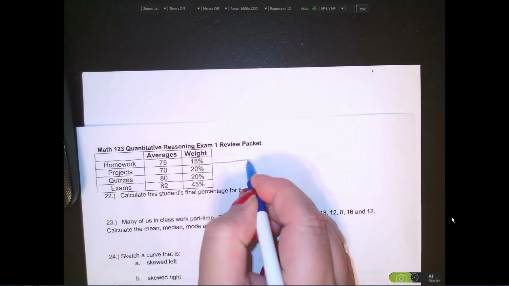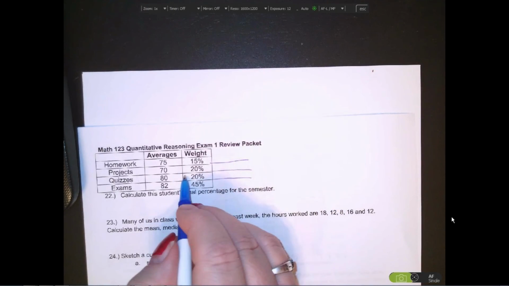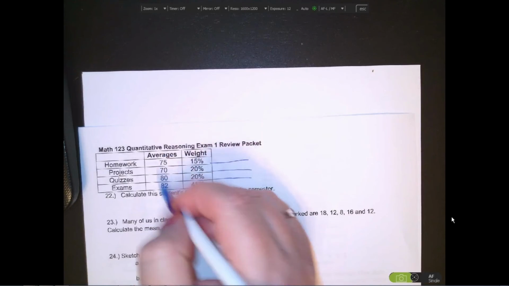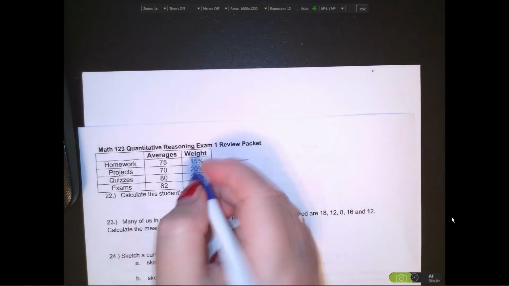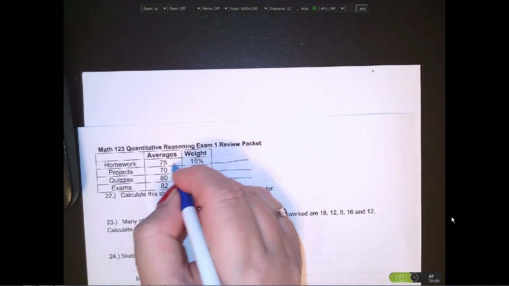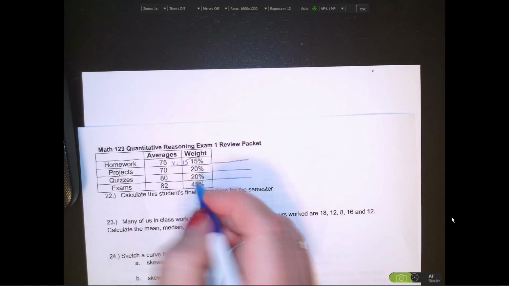Now 22. Now we're looking at a weighted average, like your project. On weighted averages, you have to have the category average. If they don't give it to you, you have to find that first, but they gave it to us. Then you just make the percent weight a decimal and multiply.